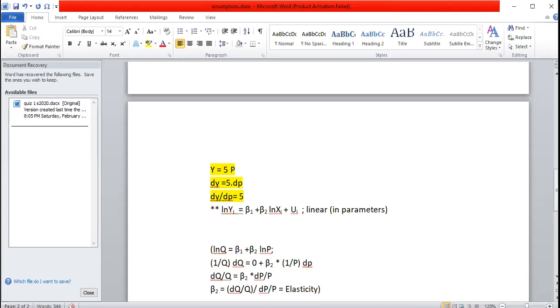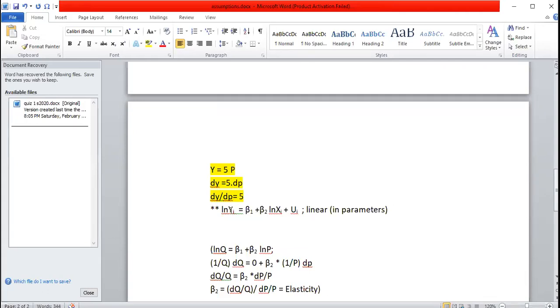Let's say here y is agricultural yield, like rice paddy, and x is rainfall. Then what is beta 2?